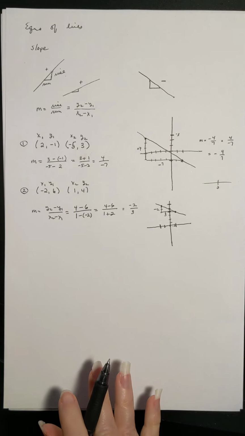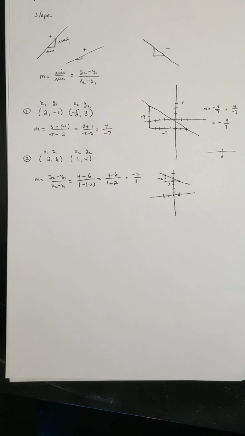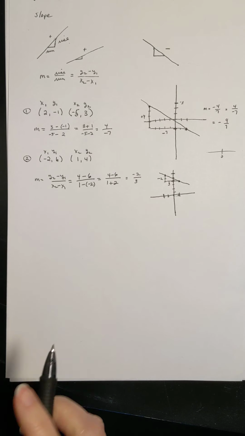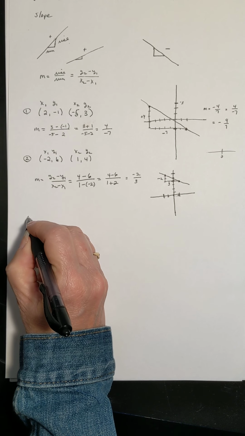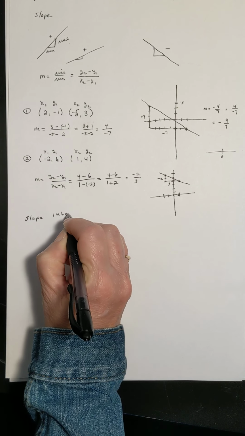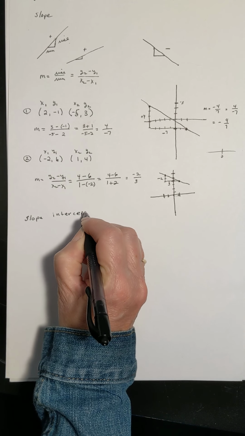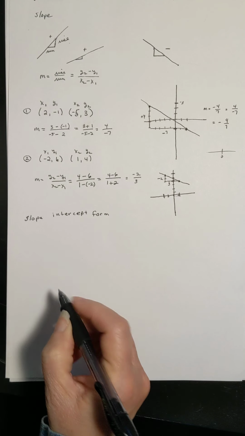Now, I said we were going to talk about equations of lines, and so I'm going to talk about 2 different ways that we can do equations of lines. The first one is the slope-intercept form of the equation of a line.